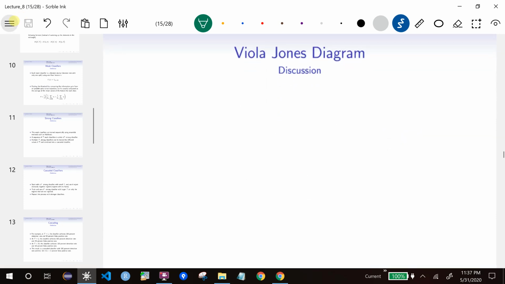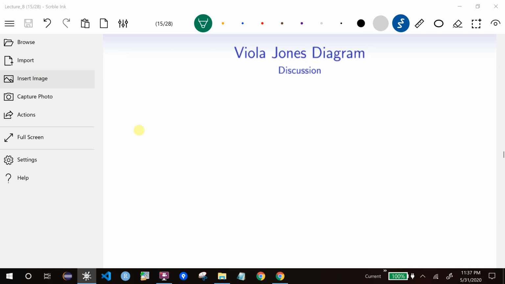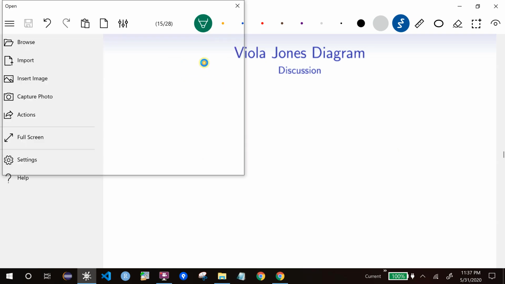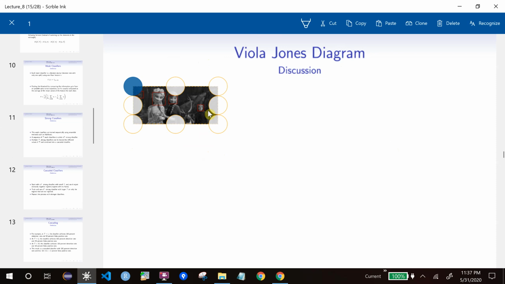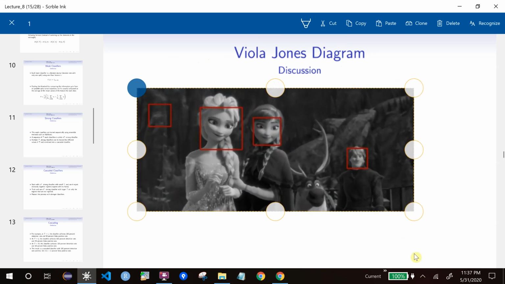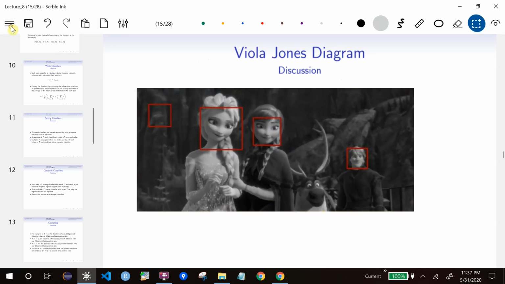So let's load another image. The frozen one maybe is good. What we're going to do is have those 24 by 24 regions, and of course we're going to scale this at multiple scales in order to get faces at multiple scales. But the idea is we're going to use just a sliding window and move with a stride of 1.